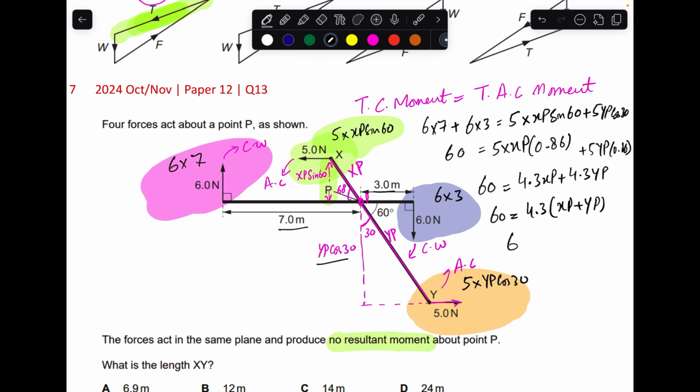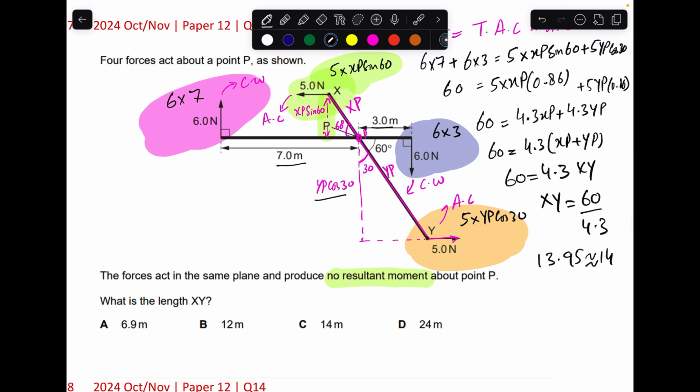So 60 is equal to 4.3 xy. xy is 60 divided by 4.3. So when we find 60 divided by 4.3, that will give us 13.95, that is approximately 14. So it's option C.